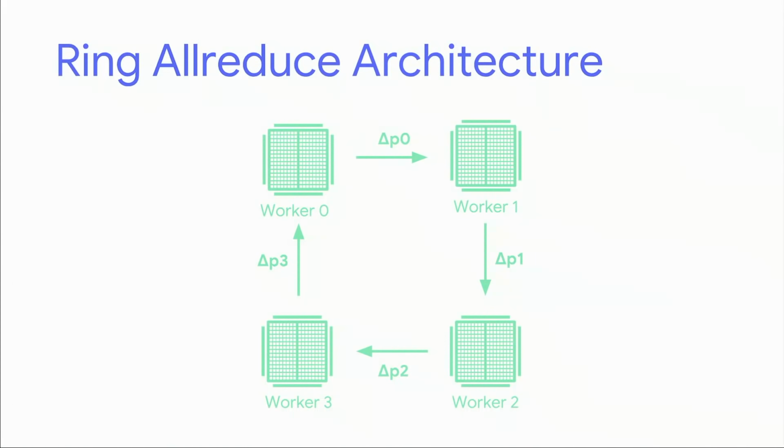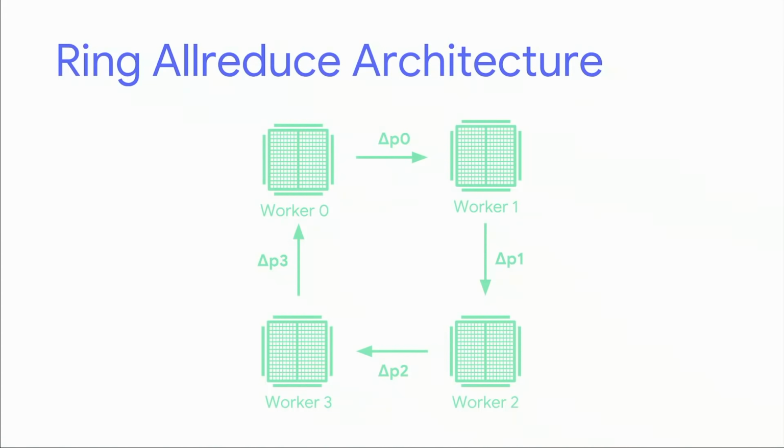But at the end of the algorithm, each worker has received a copy of the combined gradients. Ring Allreduce uses network bandwidth optimally because it uses both the upload and the download bandwidth at each worker. It can also overlap the gradient computation at lower layers in the network with transmission of gradients at the higher layer, which means it can further reduce the training time.